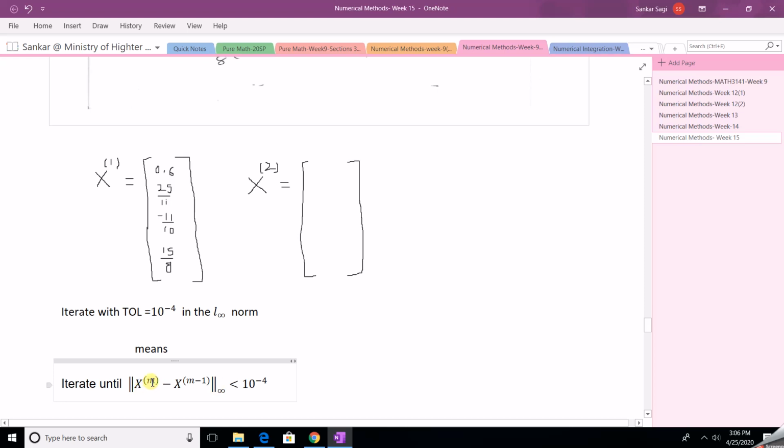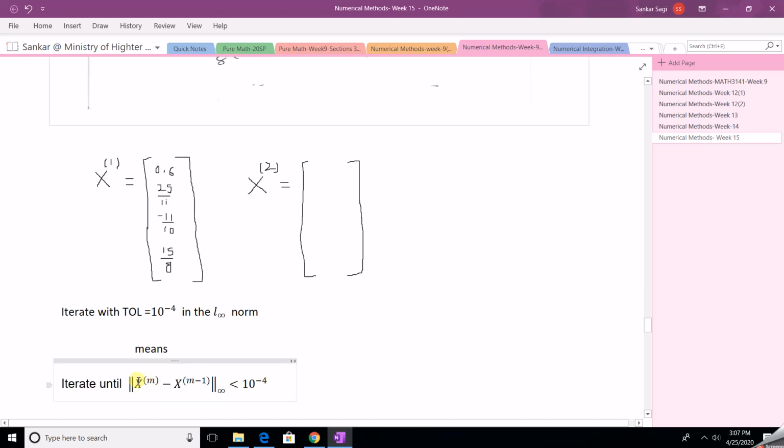Tolerance 10⁻⁴ in the L infinity norm means we have to iterate until the L infinity norm of xm minus xm minus 1 is less than 10⁻⁴.